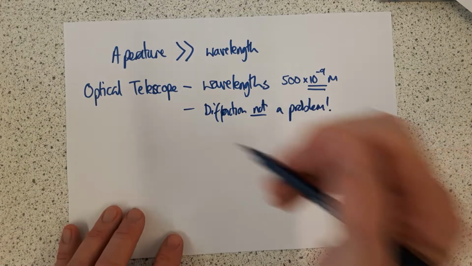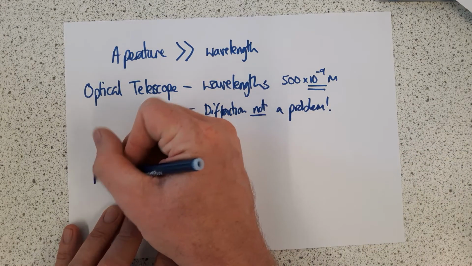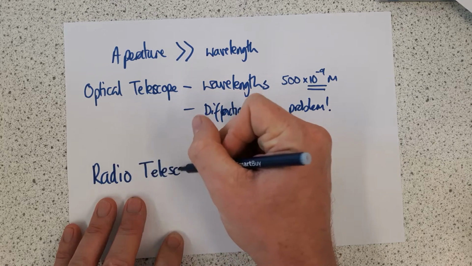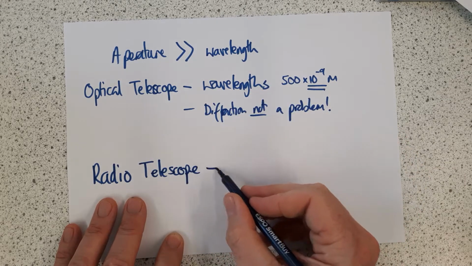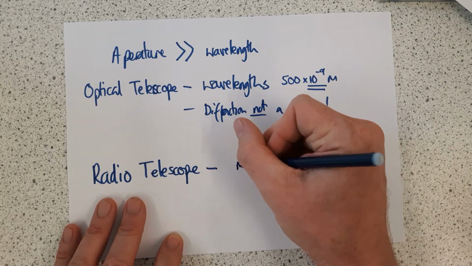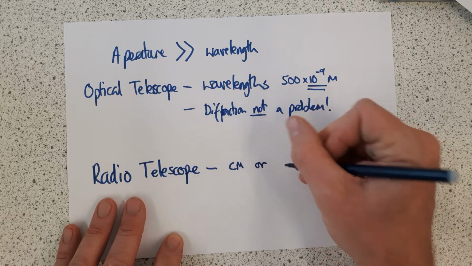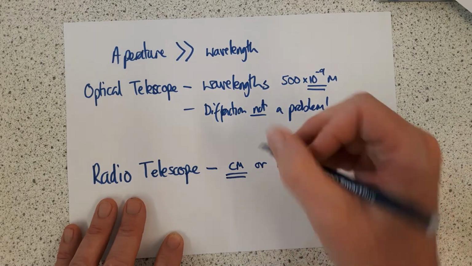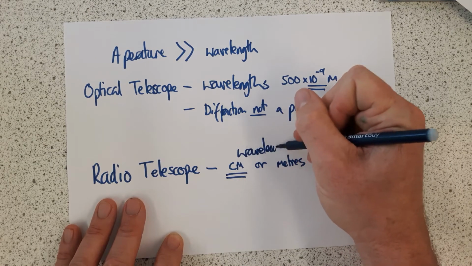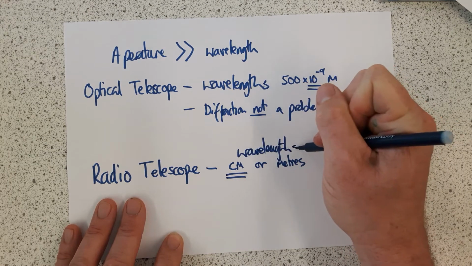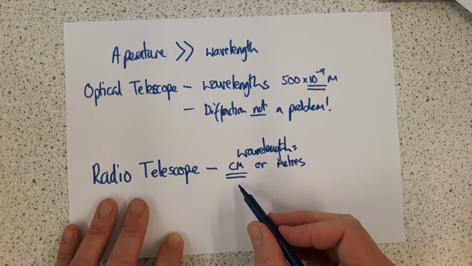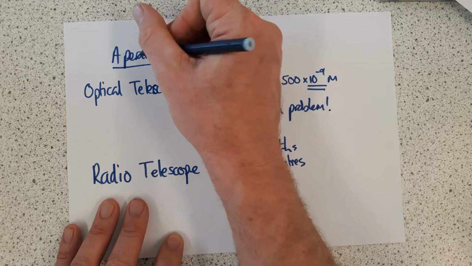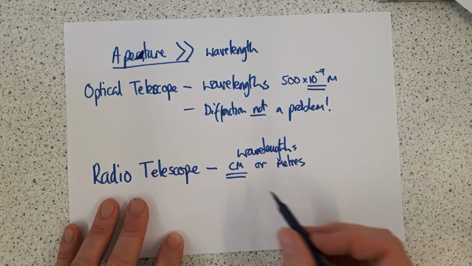But we also look at radio waves coming from space using a radio telescope. Now, with a radio telescope, we have a problem because the wavelength could be meters, well, mainly centimeters, or meters, possibly. Now, if the wavelength is a few centimeters, then what that means is that the size of the aperture has got to be much, much bigger than that.